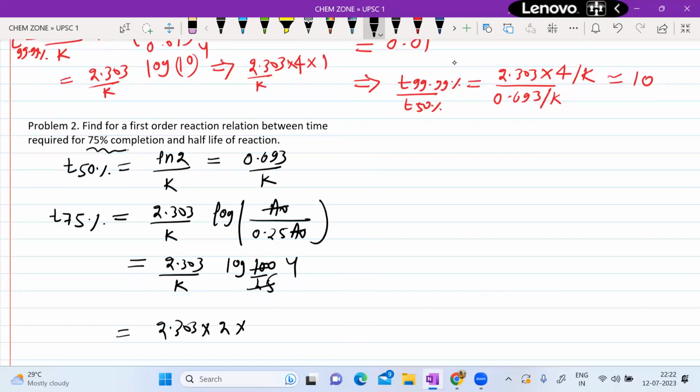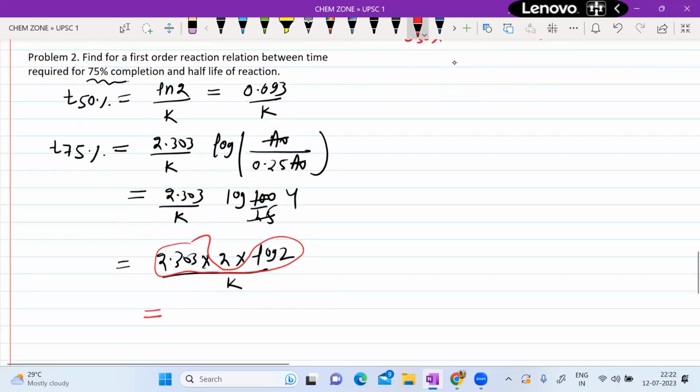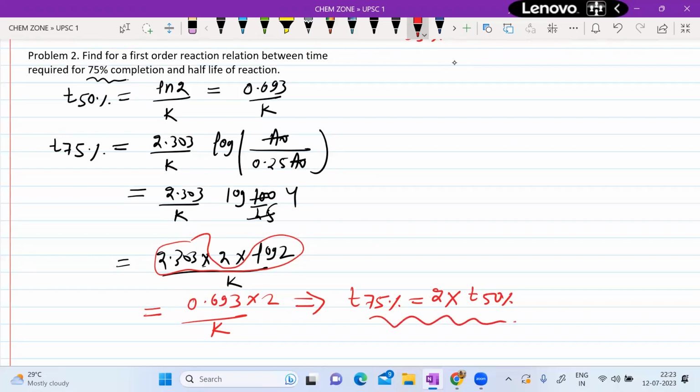Log 4 can be written as 2 log 2. And we know that the value of 2.303 into log 2 is 0.693. So we can write 0.693 into 2 by k, which suggests the time required for the 75% completion of a first order reaction is twice that of the half-life.